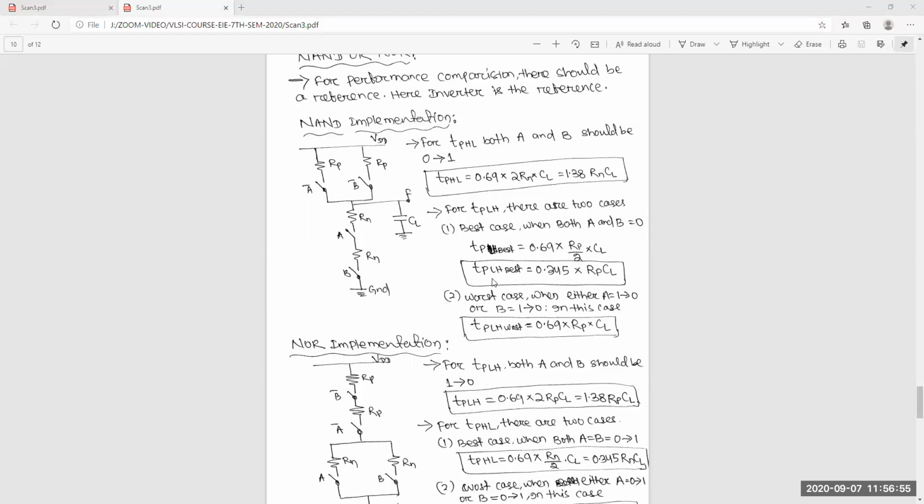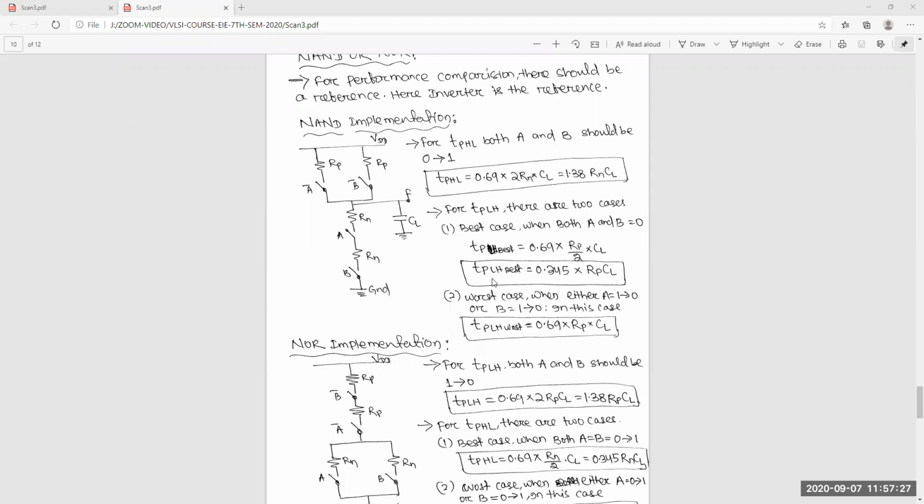Logical effort actually will extend this thing. If you know this, then it will be easy to understand logical effort. Why everything is compared to the inverter: there also we compare with the inverter. Without taking the name of logical effort, I have done the same thing.